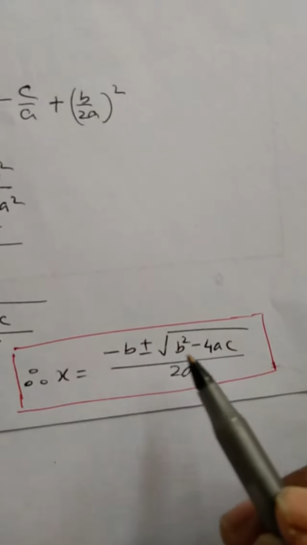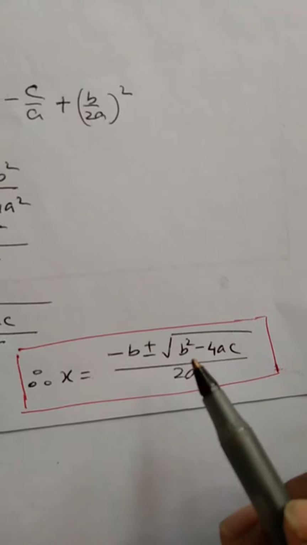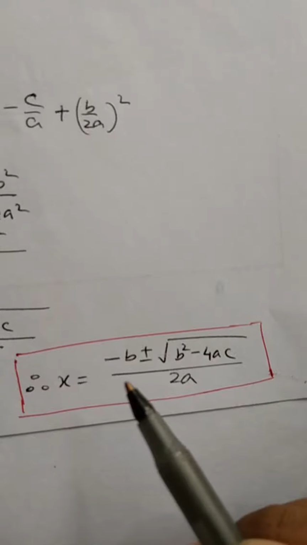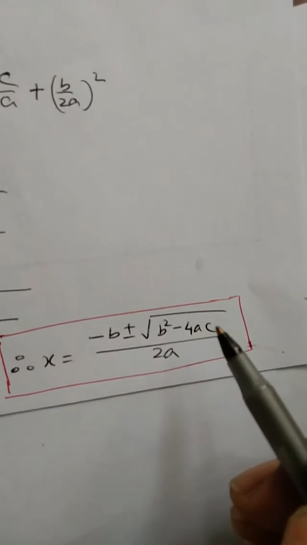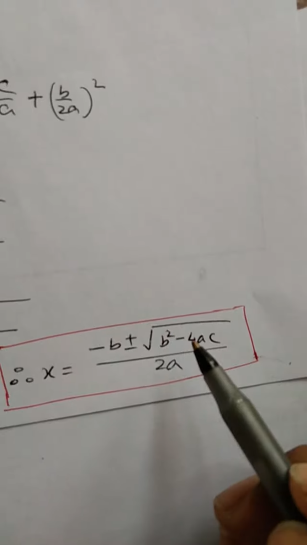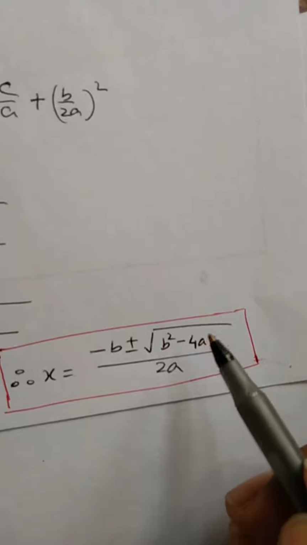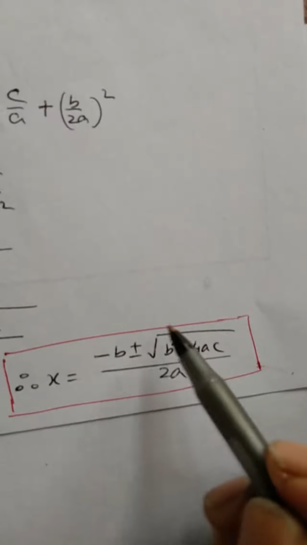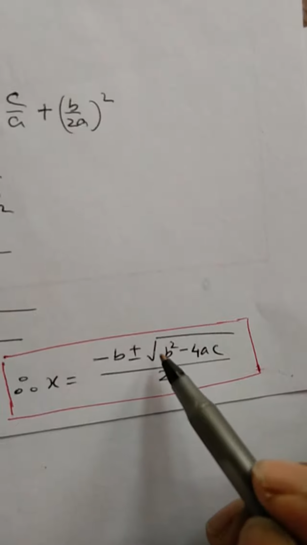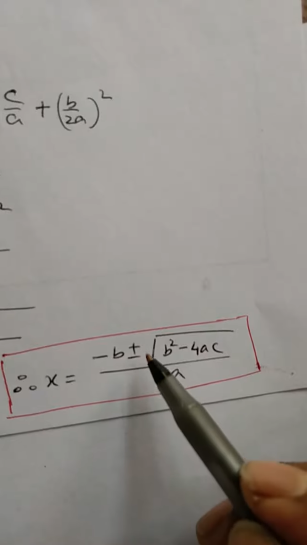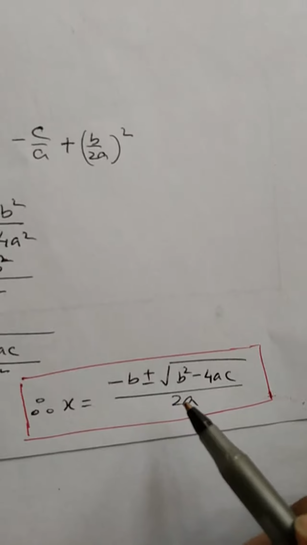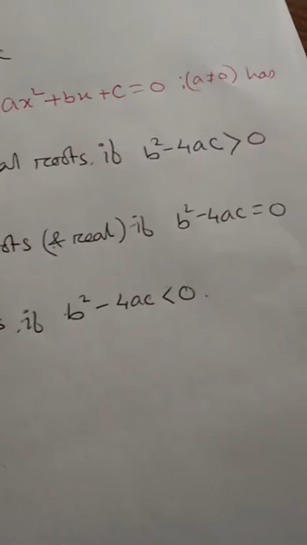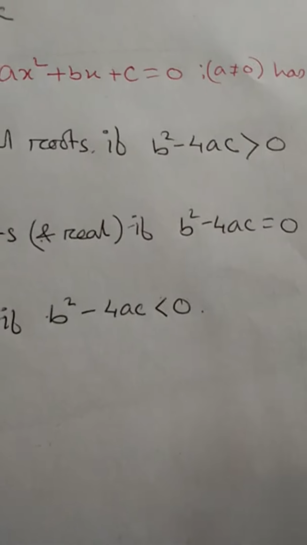So this part will determine whether the value of x is real or not, because if this b square minus 4ac is positive or equal to 0, then the value of x can be real, and if it is negative, we get the square root of a negative number which won't be real, and that is why we have to see this as a condition. We have to remember this.